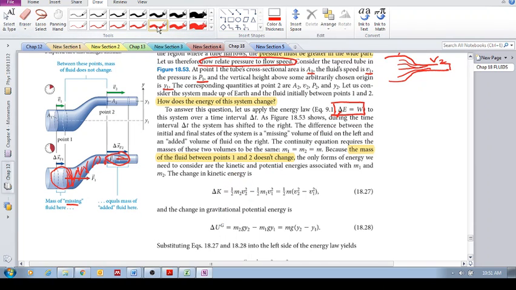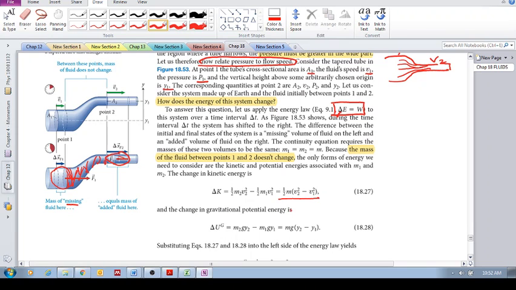Alright, so this is pretty straightforward now. The change in kinetic energy of the system is the kinetic energy of M2 minus the kinetic energy of M1, which gives us this.